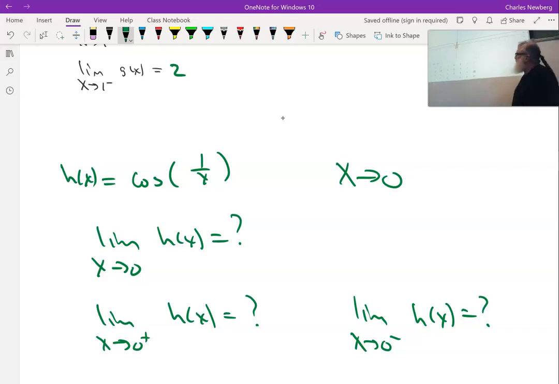I'm really interested in what's going on right around here, so I'd like to zoom in on that. I don't really want to make the y's bigger, so I'm going to go back to my tools and come up to the top. Where was it? Oh, move graphics view, right here.